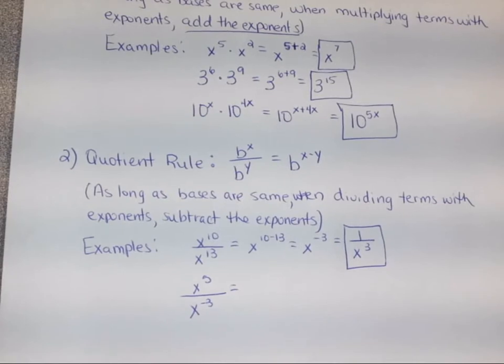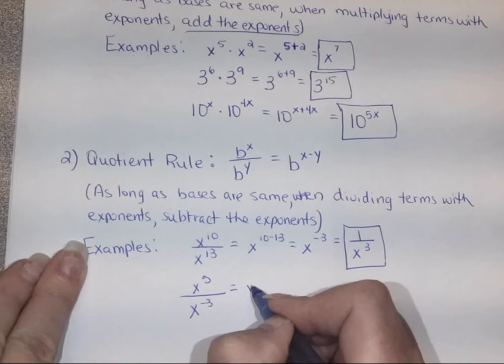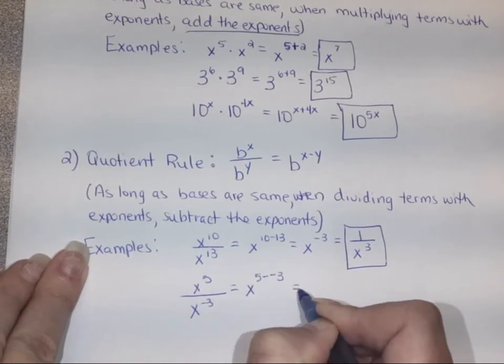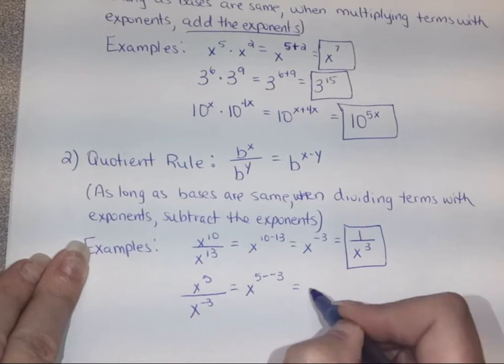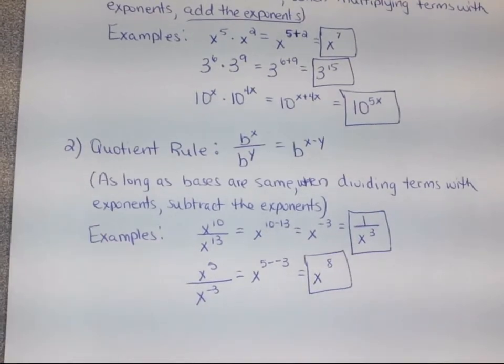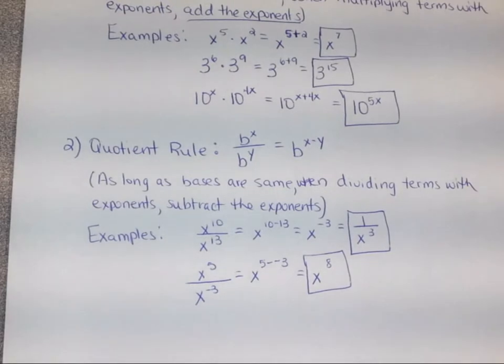So what do I need to do with the exponents? Subtract them. So just be careful about signs, right? It'll be x to the 5 minus negative third power, but then that's going to change to plus, right? So we're just going to get x to the what? 8th. Okay, so it's top exponent minus bottom exponent. In this case, we had a double negative because the bottom exponent was negative.